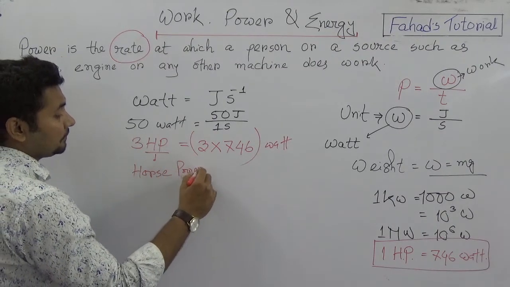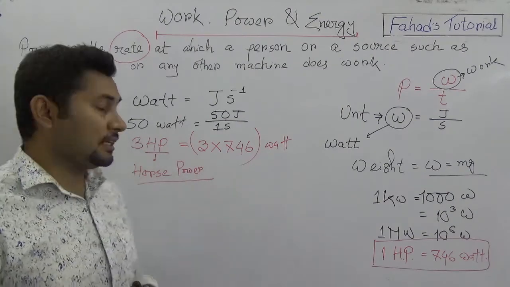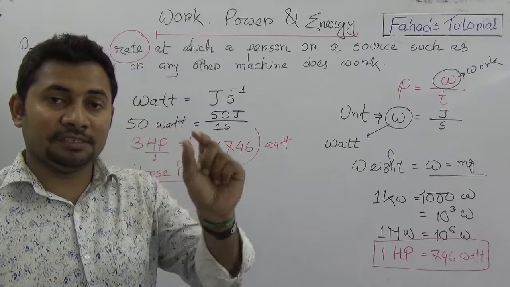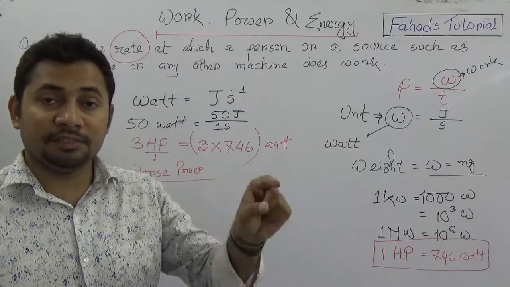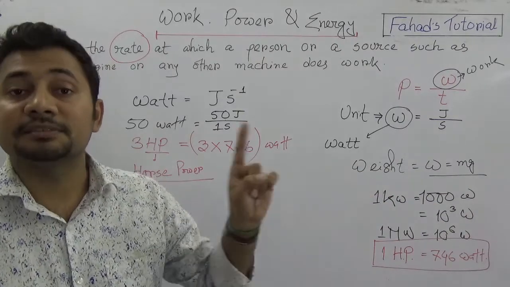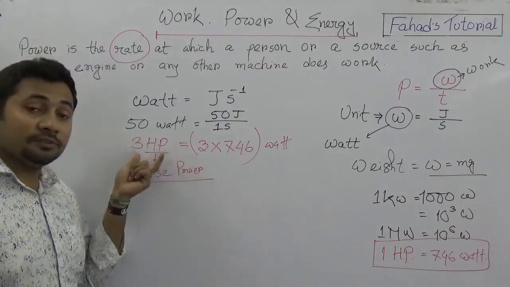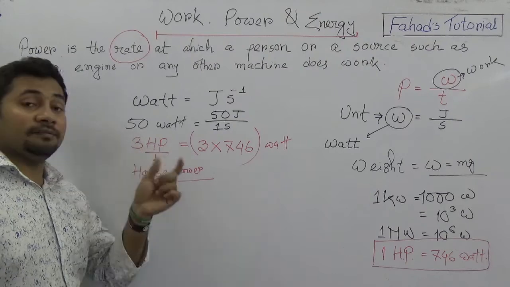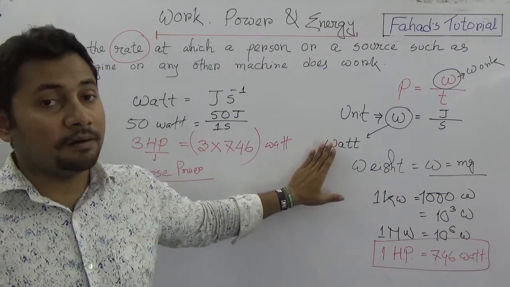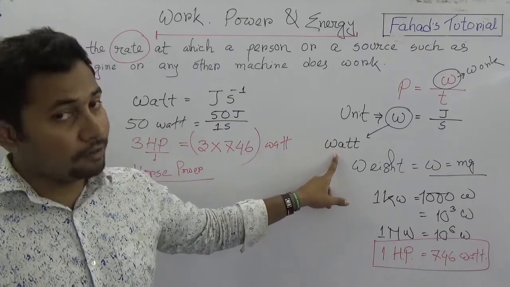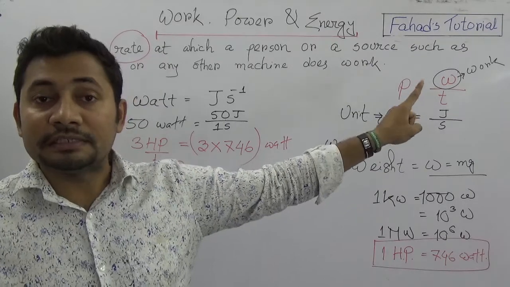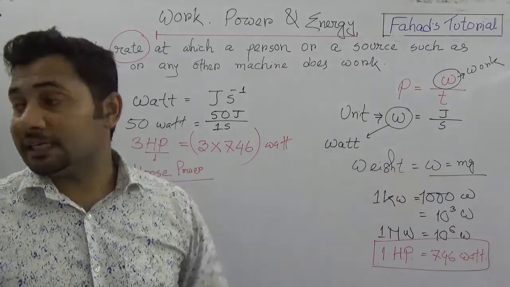So 1 horsepower is 746 watt, 2 horsepower is 746 times 2, and even 5 HP is 746 times 5. We have to use it if it is given on the question paper. We know the unit of power is watt, and power is the amount of work done per unit time.